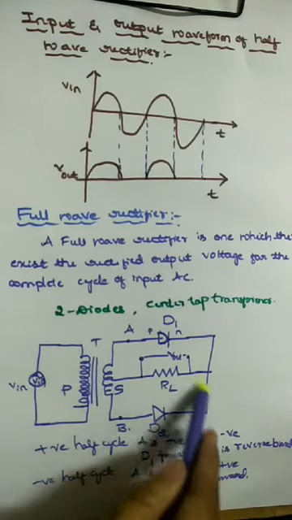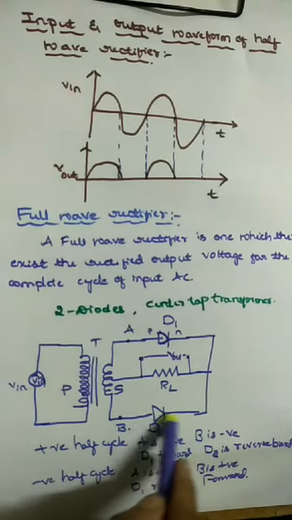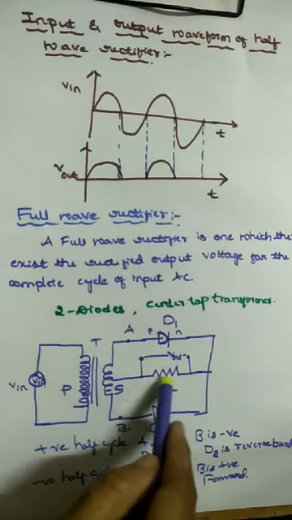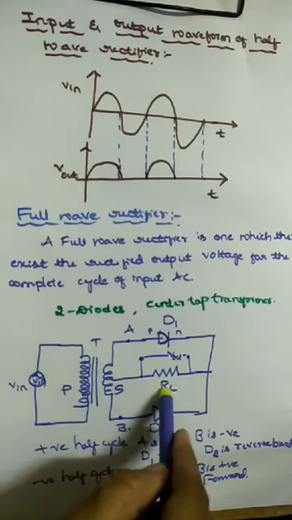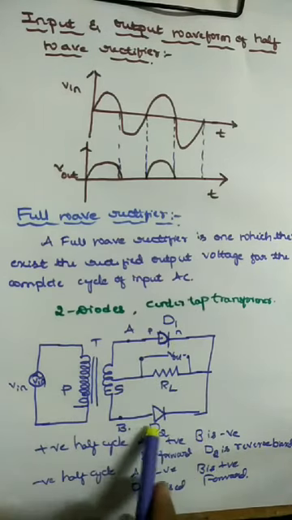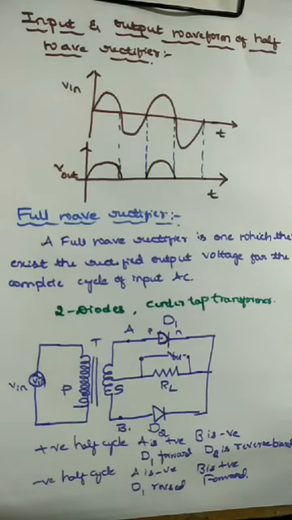Now current flows through point B, in the same direction, so the output is at RL, the load resistance. So current is conducted through both diodes D1 and D2 in both cycles, hence it is called a full wave rectifier. As the definition says, a full wave rectifier is one in which there exists a rectified output voltage for the complete cycle of the input.